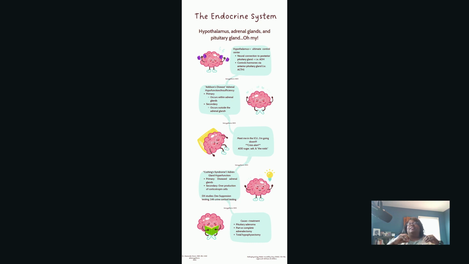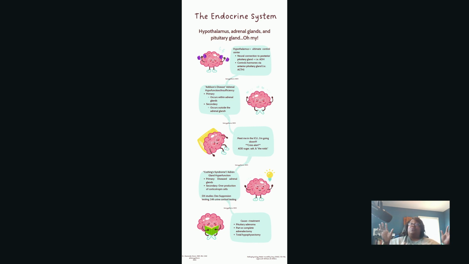The hypothalamus is an intricate communication hub, okay? It utilizes neural pathways and hormones to integrate the endocrine and the autonomic nervous system. It has several gland secreting hormones, but our focus for today is going to be the adrenocorticotropic hormone, or the ACTH hormone.